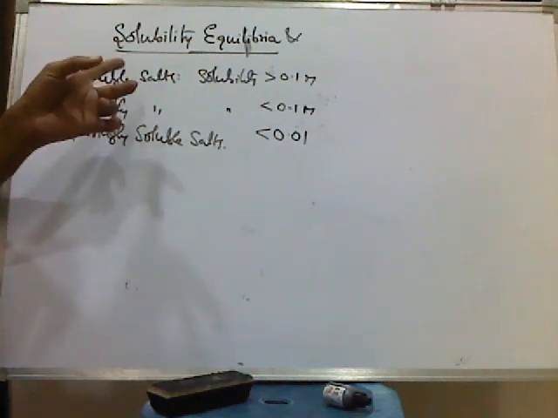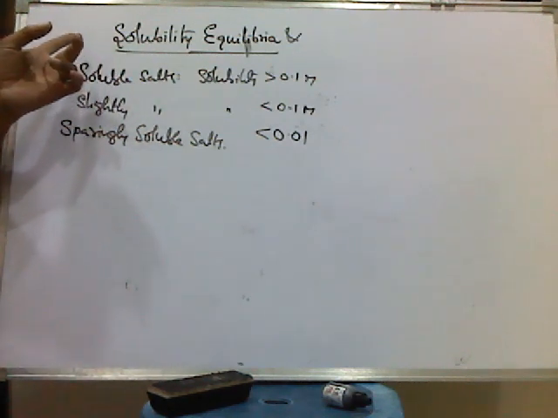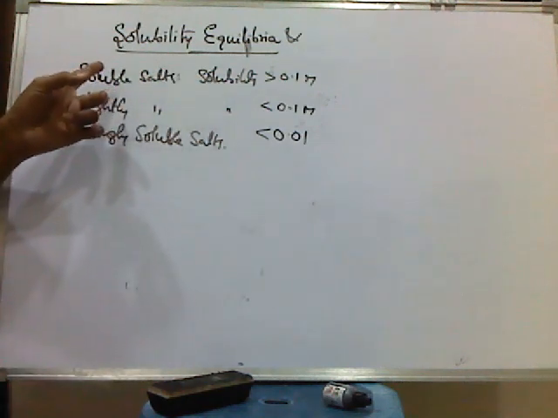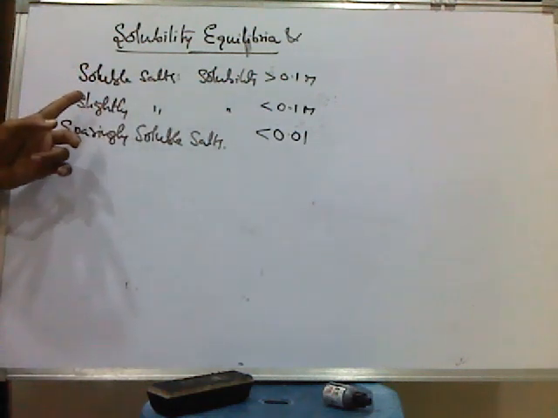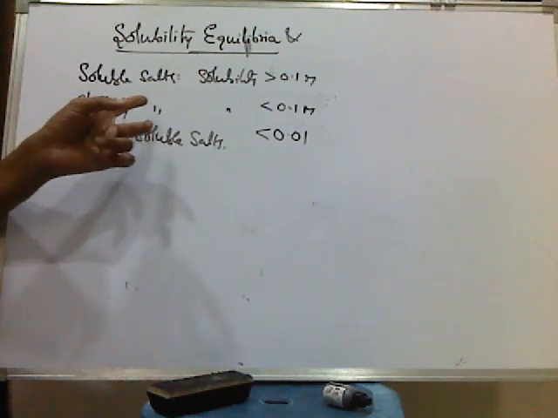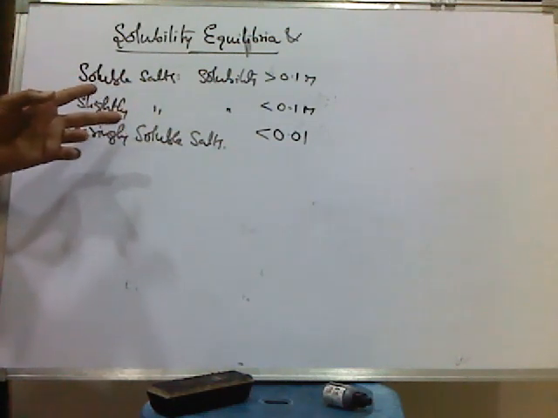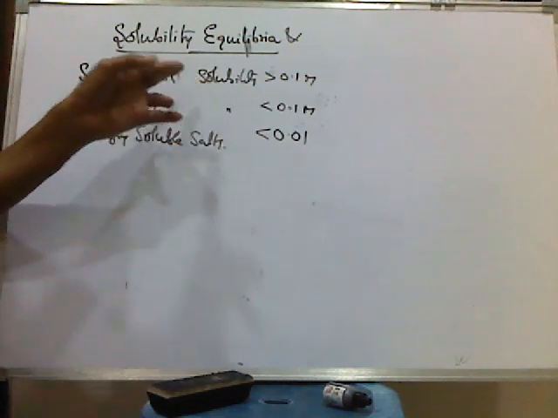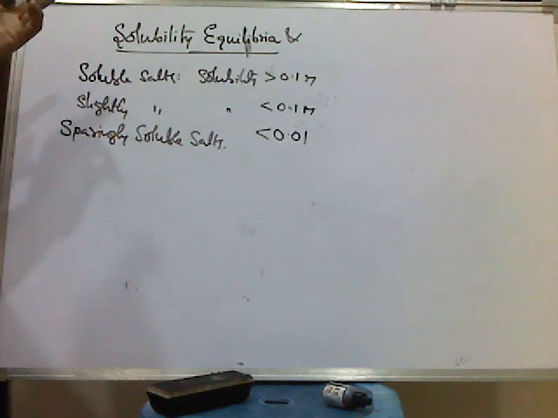Based on the solubility, salts are classified into three types: soluble salts, slightly soluble salts, and sparingly soluble salts. Soluble salts have solubility greater than 0.1.